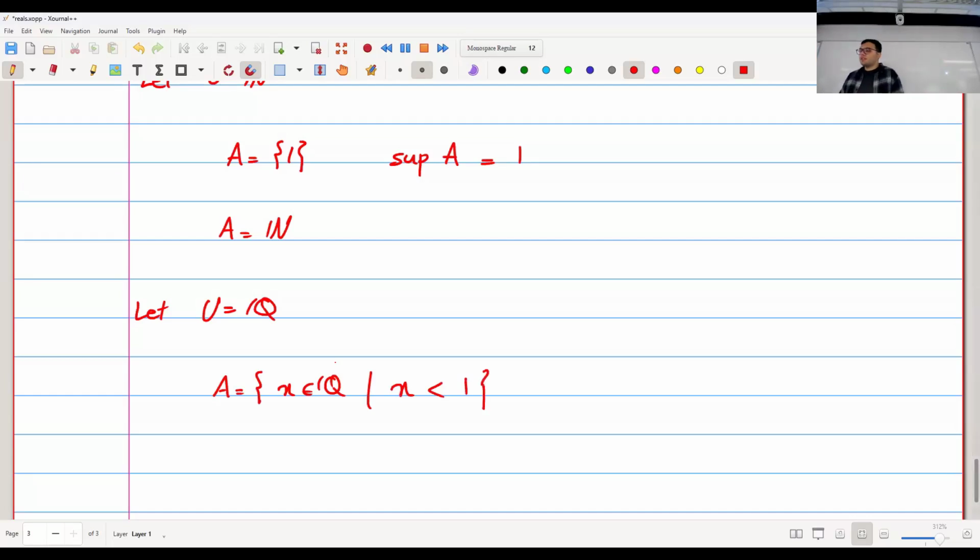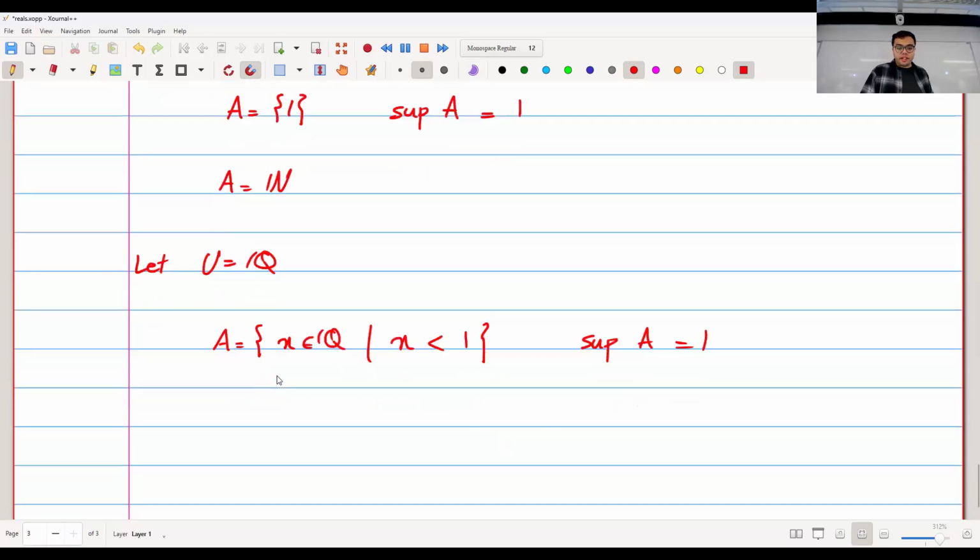The supremum of this set is 1. Very easy to check. This is literally by definition: the smallest number that is bigger than everything in A is just 1. But 1 is not in A itself.